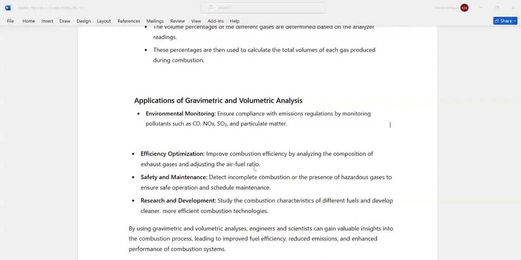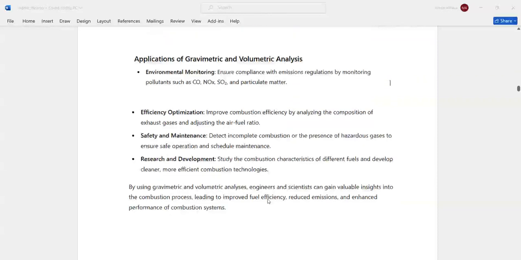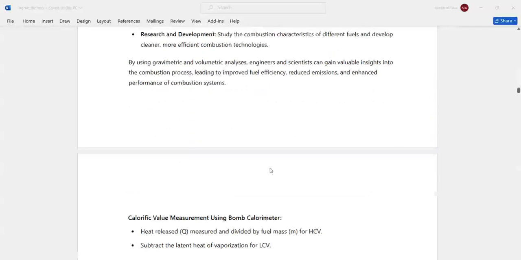Therefore, if you detect this carbon monoxide before it goes to the environment, you would work on it and thereby ensure safety and maintenance of your engine and system, and of course protect the environment from hazardous gases. Research and development is also important because you need to look at the combustion characteristics of different fuels and develop cleaner and more efficient combustion technologies.